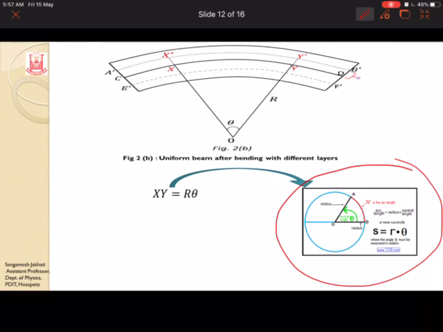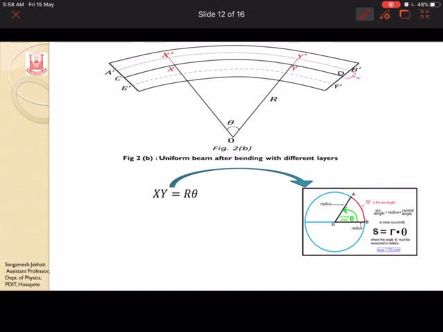AB is representing a layer, that is an arc length. In the same manner, in our bending beam, XY is representing the arc length.